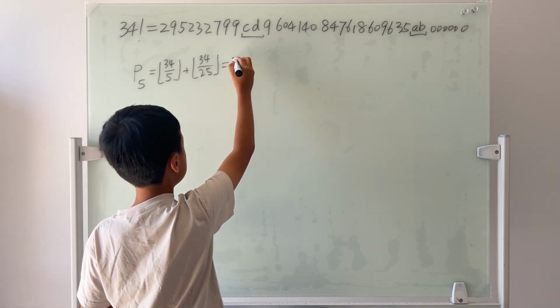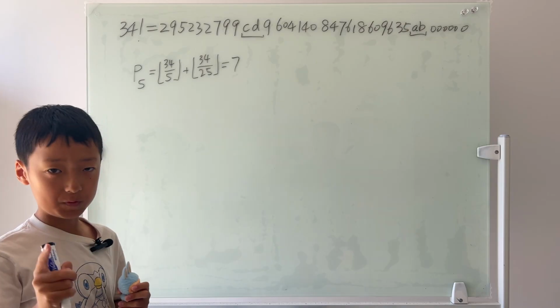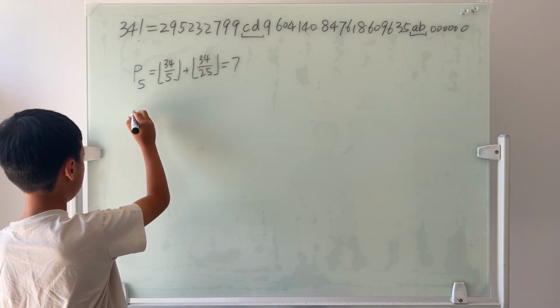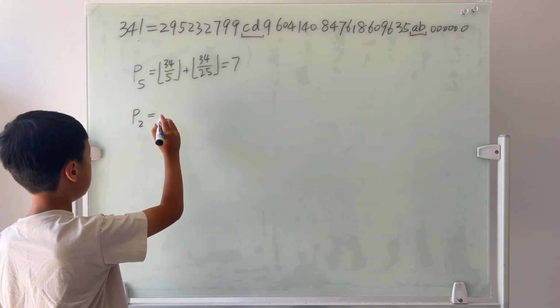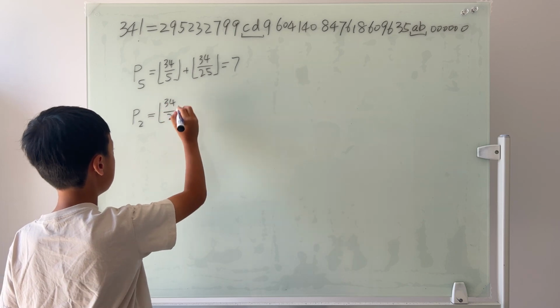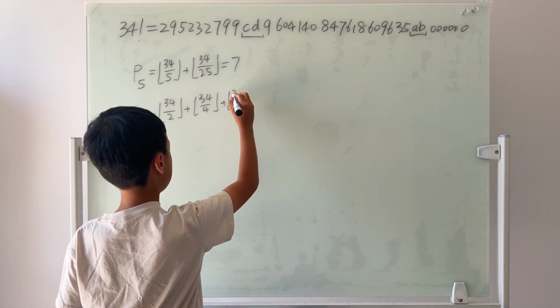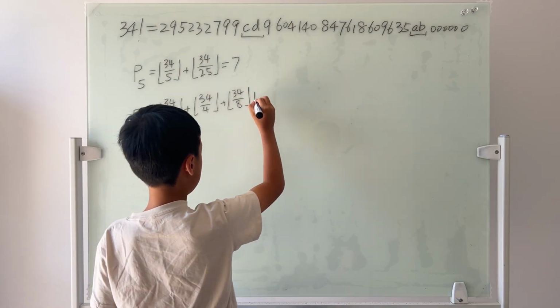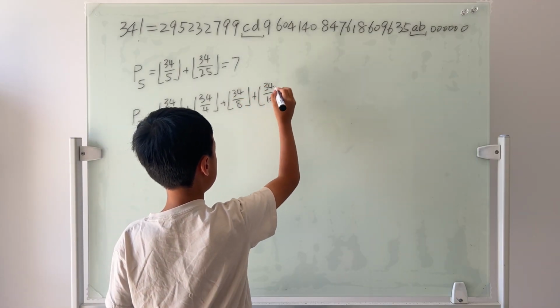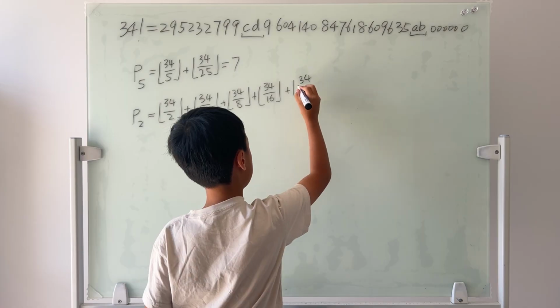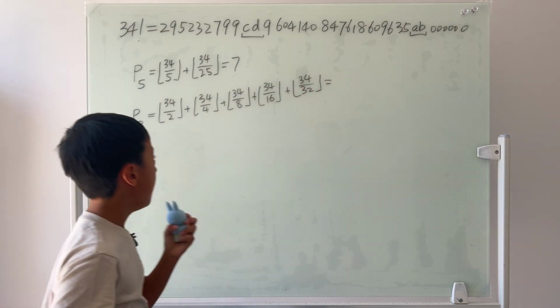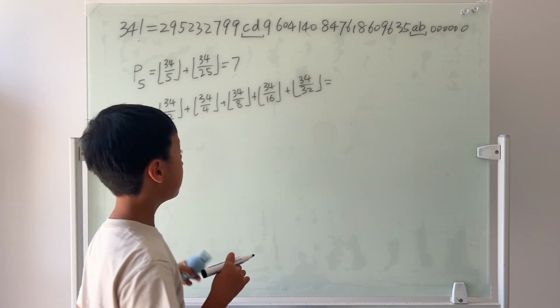So it's 7. Now let's move on to 2. It is equal to the floor of 34 over 2 plus the floor of 34 over 4 plus the floor of 34 over 8 plus the floor of 34 over 16 plus the floor of 34 over 32. And if you calculate this on your own, it's 32.